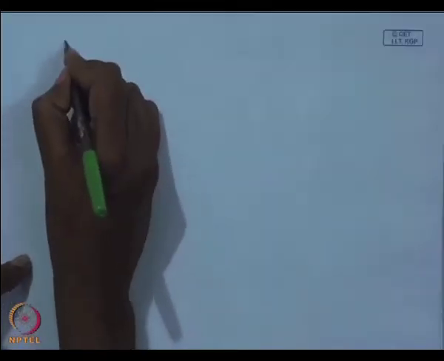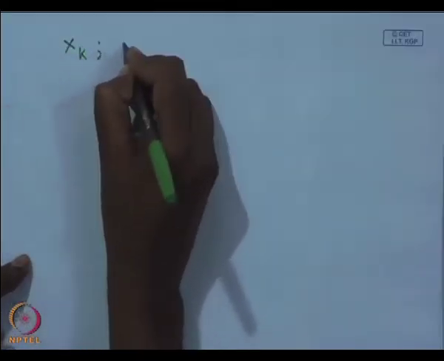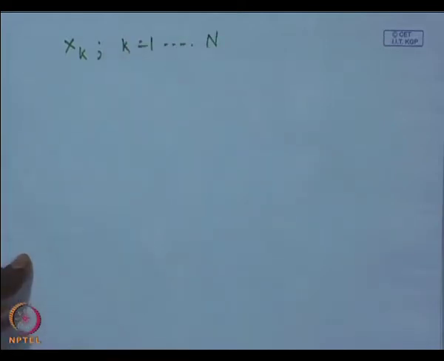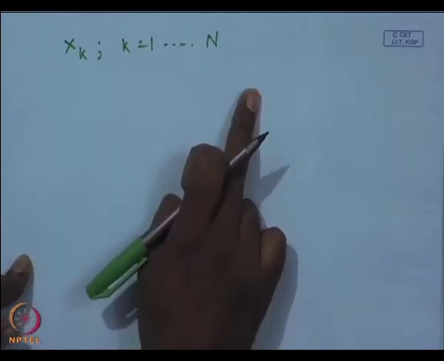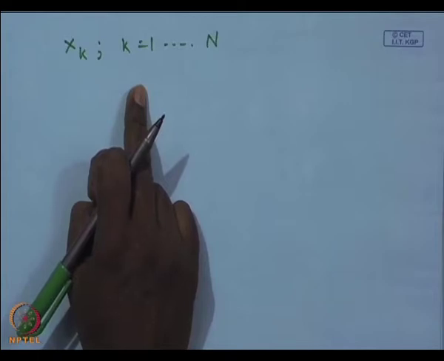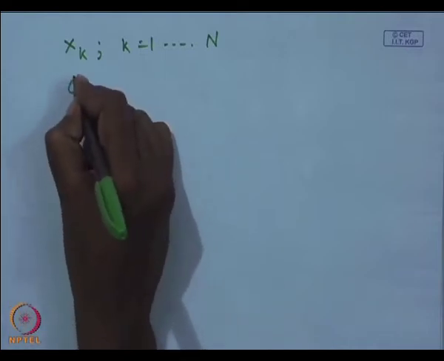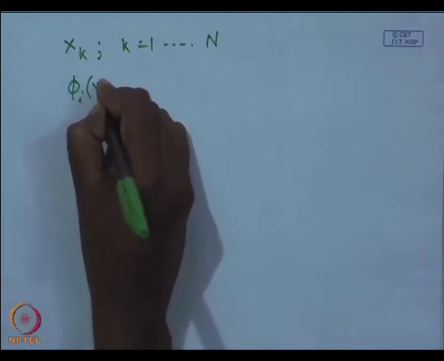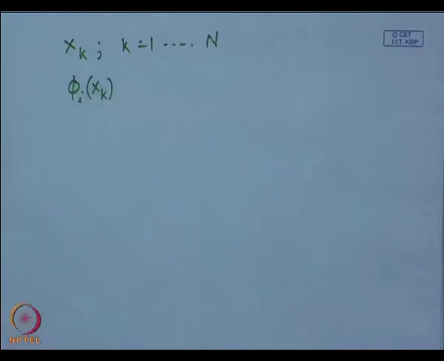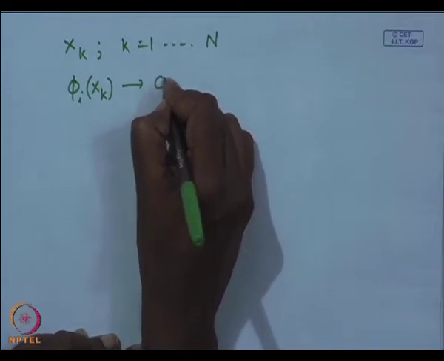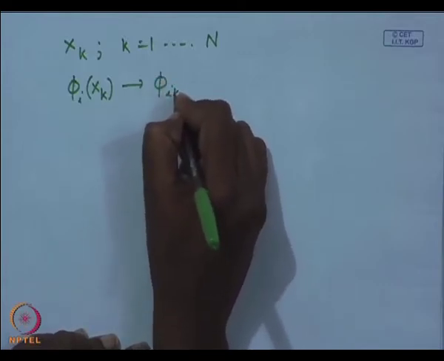So, I have vectors x k for k varying from 1 to capital N. I have capital N number of input vectors which are given for training purpose or for learning, as we are using supervised learning. Then phi i of x k, for simplicity I will write this as phi i k.